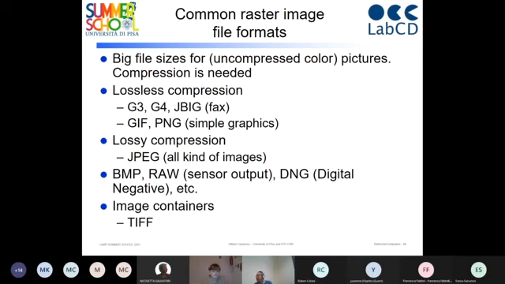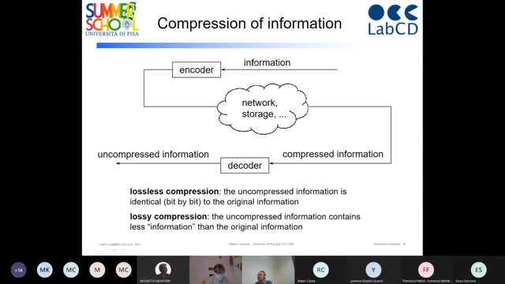And you have 2 big families of compression algorithms. One family is the compression without loss, meaning that, and again, I move to the next slide and then I come back here. What does compression mean? Compression means that you have some information represented here as a sequence of bits.